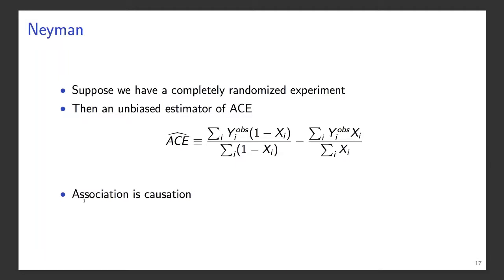So what we see is that if you do a randomized experiment, association is causation. If you see an association in your data, if these sample means are different, then that is evidence of a causal effect. This is one of the take-home messages from the webinar today: with randomized experiments, causal inference is easy, association is causation.